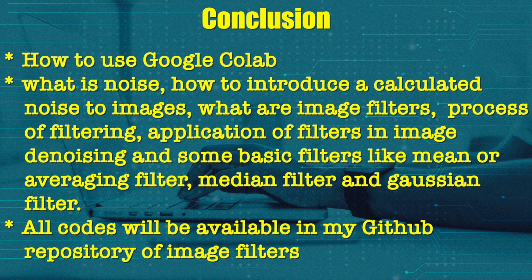I had taken one image and applied 3 basic filters of image denoising, starting from the mean or averaging filter, then median filter, then Gaussian filter. And the Gaussian filter is important. You just keep note of it. If you have not noted the equation, you can go back in this video and note that equation, because we are going to use it in the upcoming sessions.